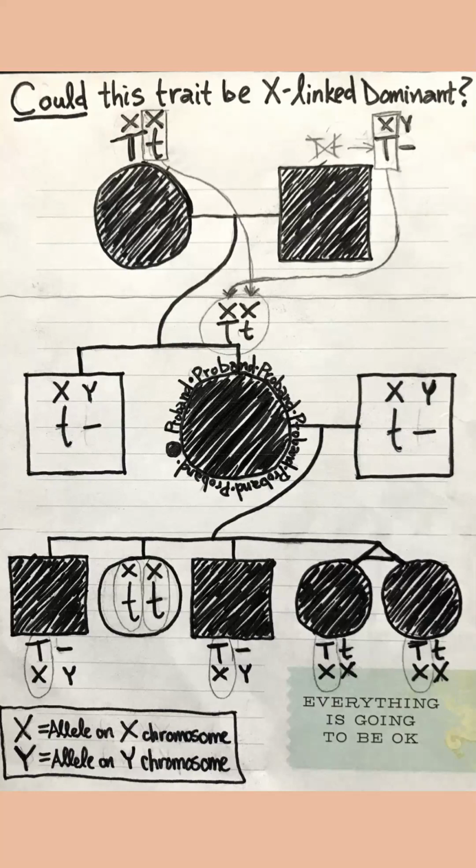And if we look at the proband's children with their also hemizygous recessive mate, all of their children are possible combinations from a heterozygous XX parent with the dominant trait and a hemizygous recessive XY parent. So given this pedigree, it is possible that this is an X-linked dominant trait. We can't tell for sure whether it's X-linked dominant or autosomal dominant, but X-linked dominant is a possibility we can't rule out based on just this pedigree.